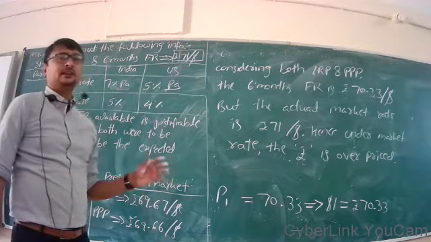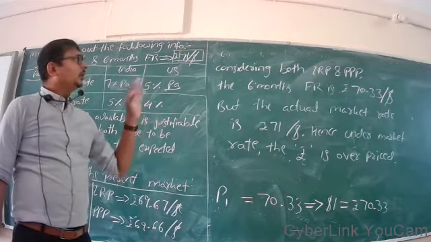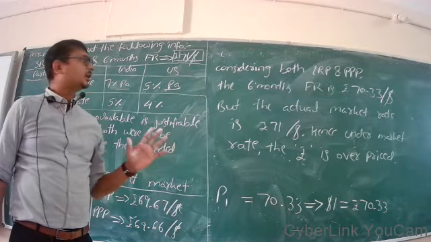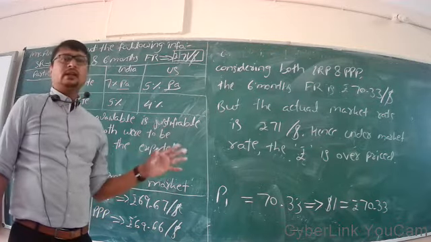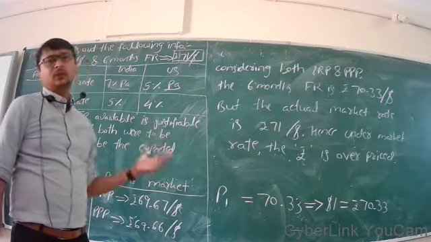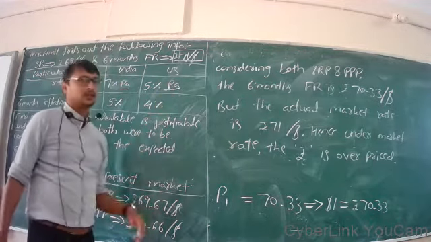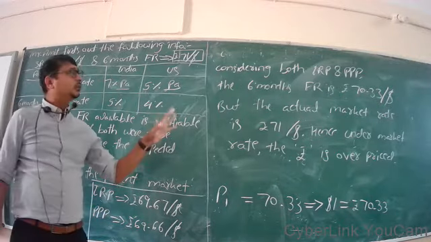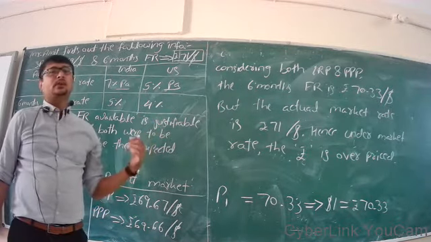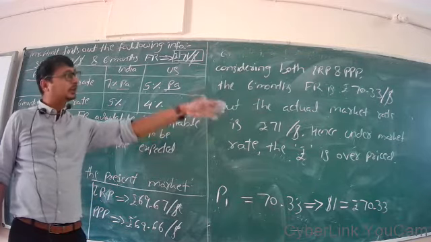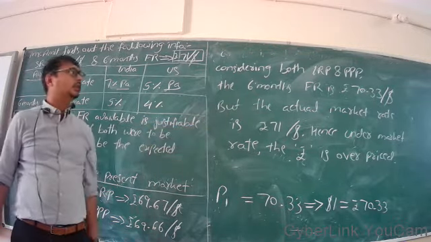Very simple to understand. If you combine both IRP and PPP theory, it is 70.33 per dollar. And the actual or prevailing market rate after 6 months is rupees 71 per dollar. So if you combine both the things, you get only rupees 70.33 per dollar, but the market rate has depreciated again to rupees 71 per dollar.